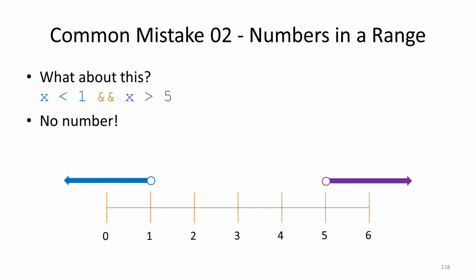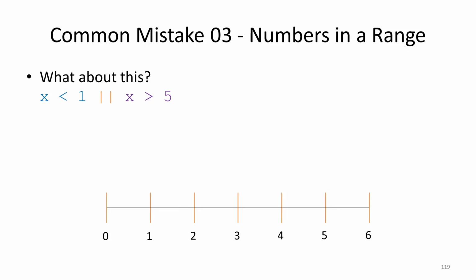Because you're using an AND, both the left and right side need to be true, but no number can satisfy being less than 1 and greater than 5 at the same time. So if the number is 0, yes, 0 satisfies less than 1, but it doesn't satisfy greater than 5. So no number would be accepted by this condition.